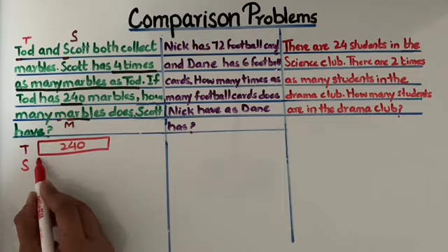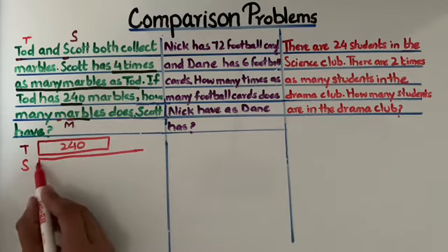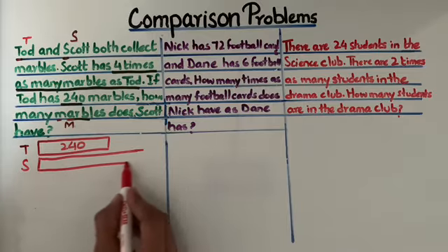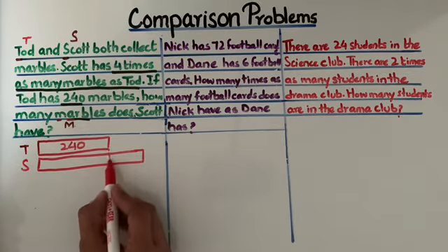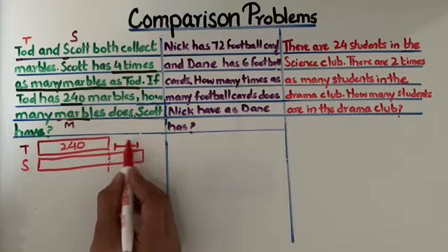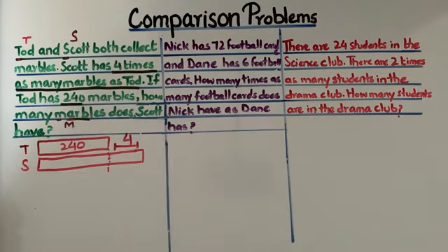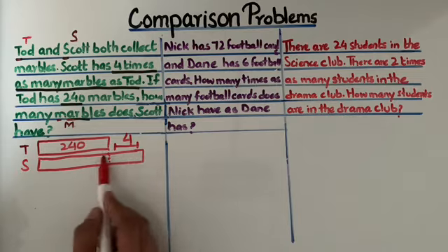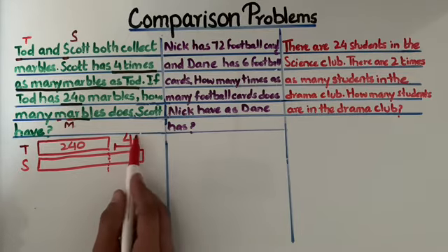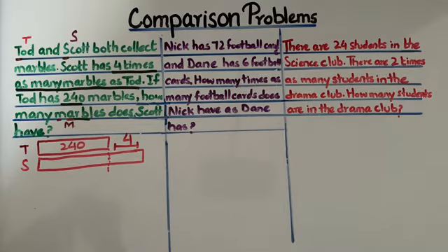So obviously Scott's comparison bar will be longer than Todd's comparison bar. So this part shows that Scott has 4 times as many marbles as Todd. So this longer part shows that it's 4 times more than Todd's marbles.